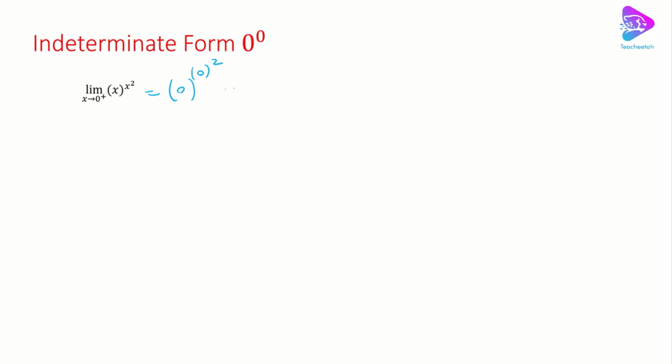So it's going to be at the end 0 to the power of 0, and we have to address this indeterminate form using some kind of manipulations or techniques that we have in calculus to solve this kind of indeterminate forms.